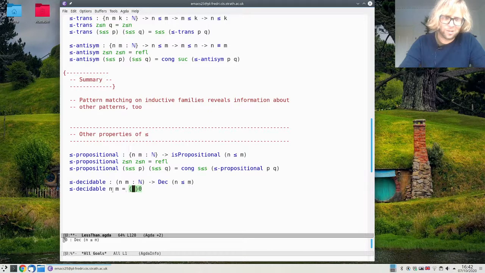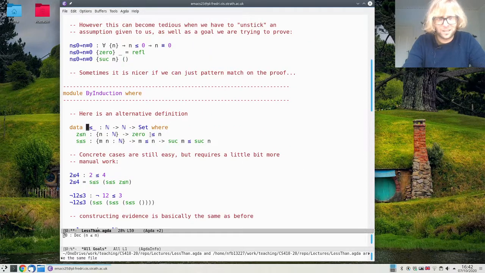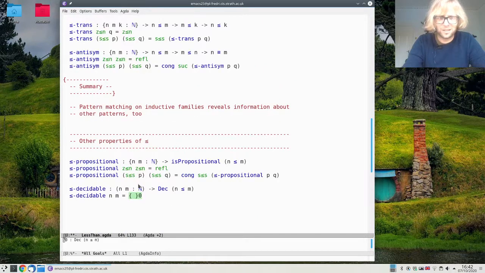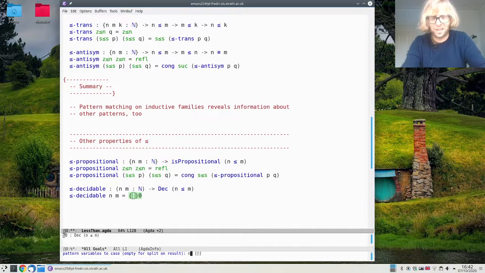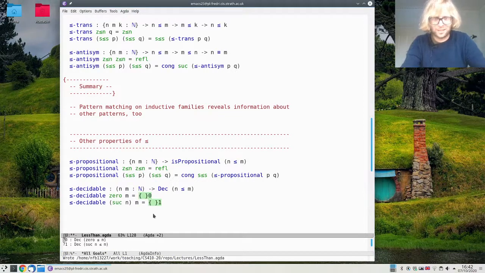Okay, and now how do we prove this? Well, now we have no choice but to look at the n and the m. And because the thing we're trying to prove in the end is kind of biased on the first argument, it makes sense to first look at the first argument. So I'm going to pattern match on the n. We see that the n is either 0 or a successor.